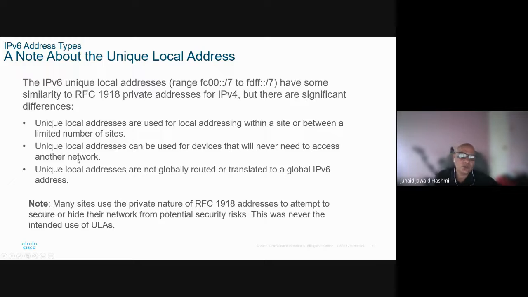So if you're creating an IP version 6 subnet, and one of the subnets has devices that are not supposed to go outside their network, maybe for security reasons, these unique local addresses can be used on that subnet.